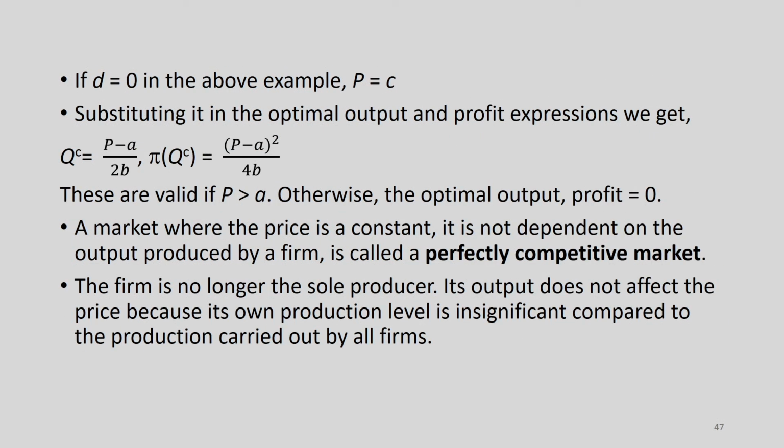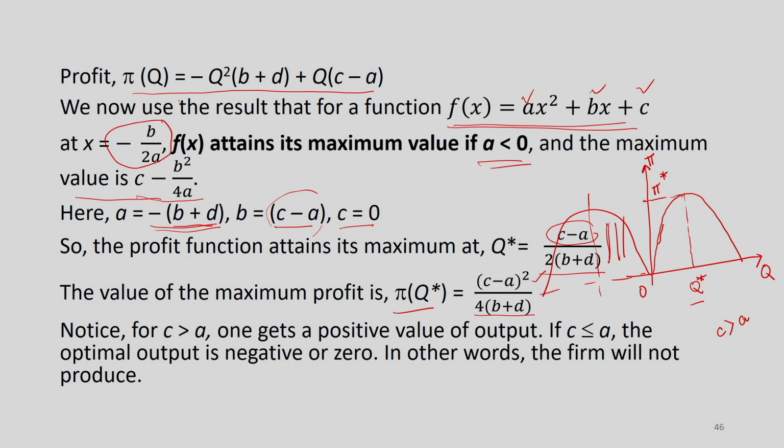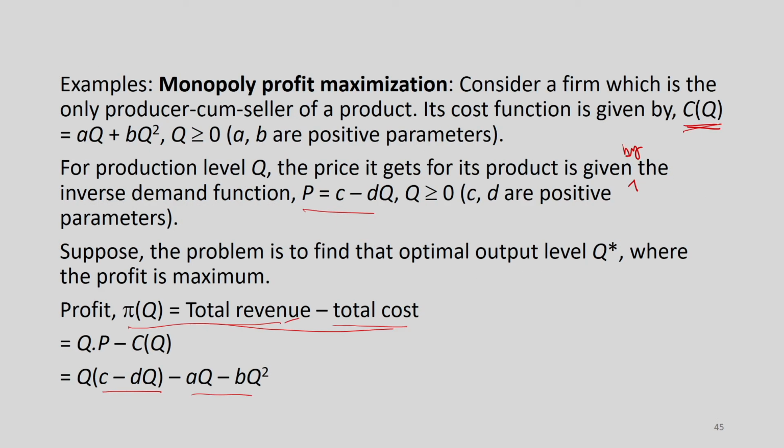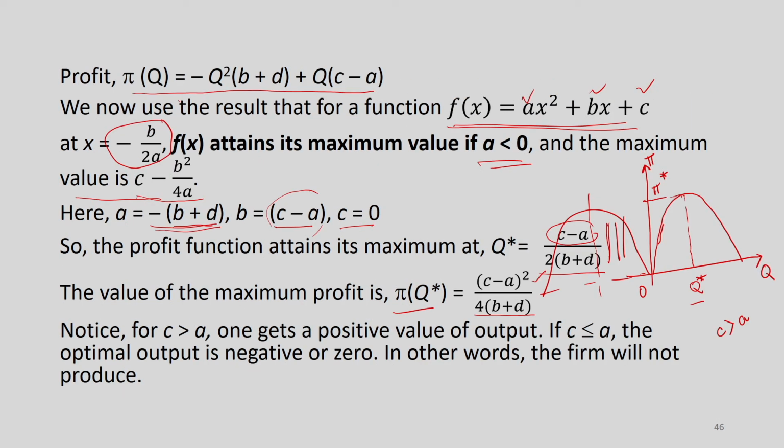Okay, now we talk about another particular important result here. Suppose D is 0 in the above example. So, what was D? Let us go back and see where D came from. D came from the inverse demand function. So, if D is equal to 0, then you get P is equal to C, right, and C is a constant amount. That means that price becomes a constant thing if D is equal to 0.